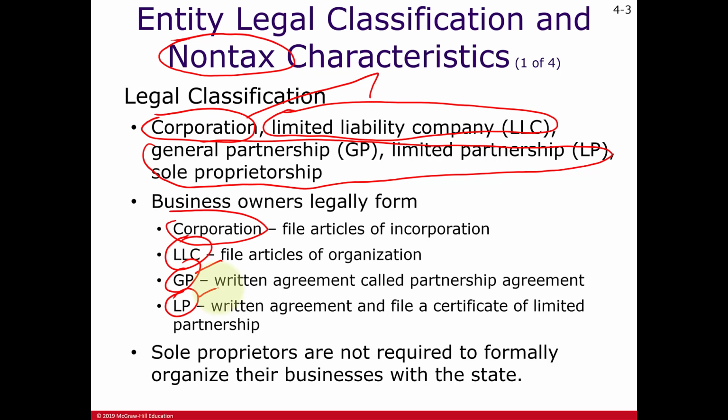So the general partner can lose his or her investment plus whatever they own personally. Whereas limited partners, again, can be sued by anyone for anything, but usually limited partners are exposed only to what they invest into that limited partnership.